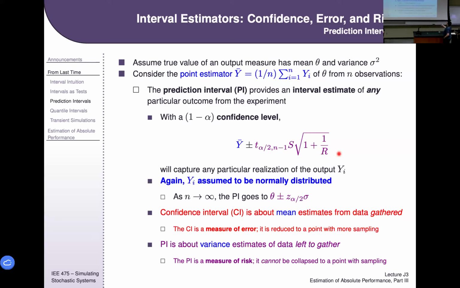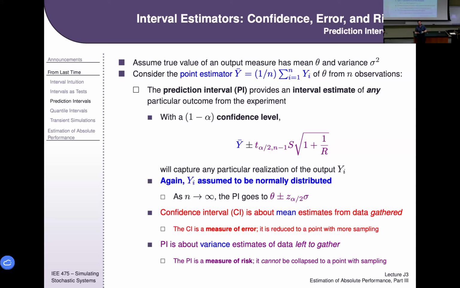Once you run the number of samples to infinity, then it collapses on just the natural variation in the system. So at some point, adding more samples is not going to make the next run any more predictable, because there's just intrinsic noise in the system that is not from sampling.